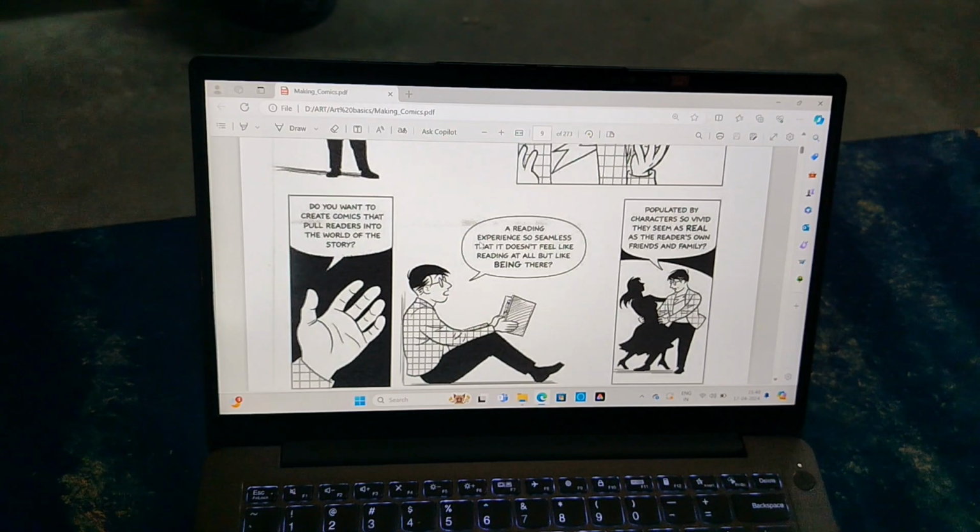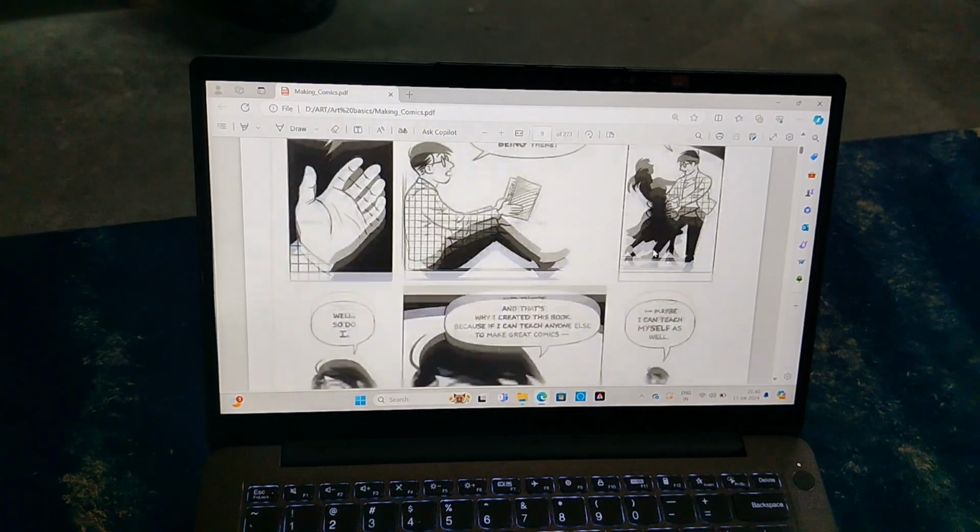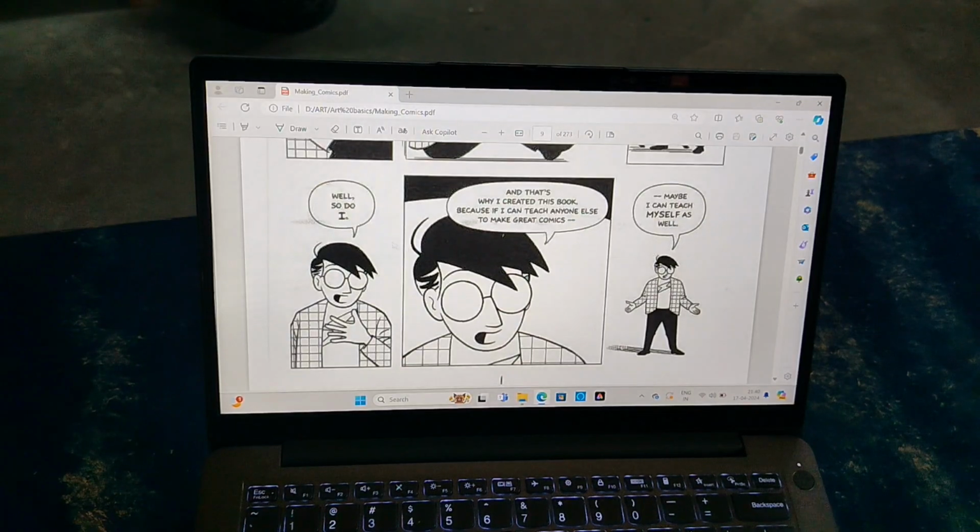A reading experience so seamless that it doesn't feel like reading at all, but like being there, populated by characters so vivid that they seem as real as the reader's own friends and family. Well, so do I. And that's why I created this book. Because if I can teach anyone else to make great comics, maybe I can teach myself as well."